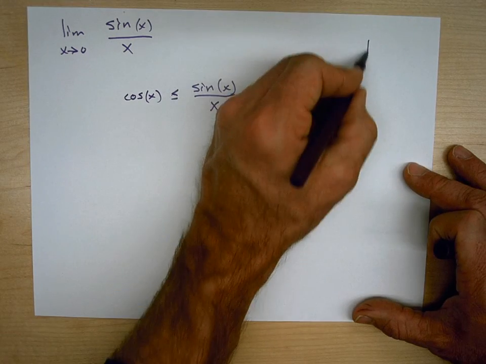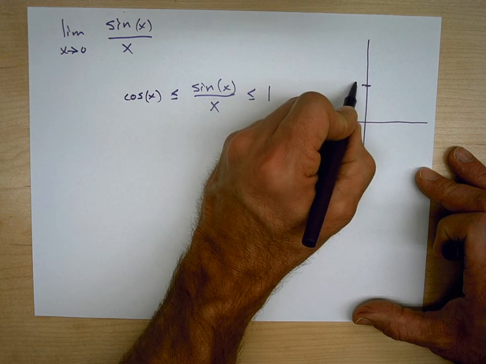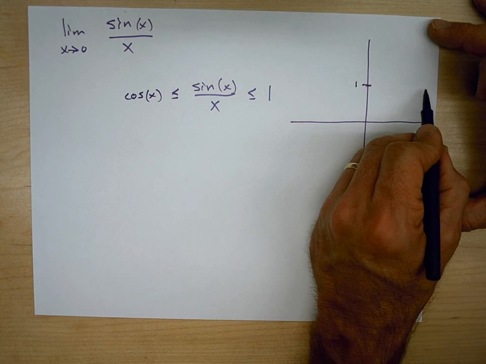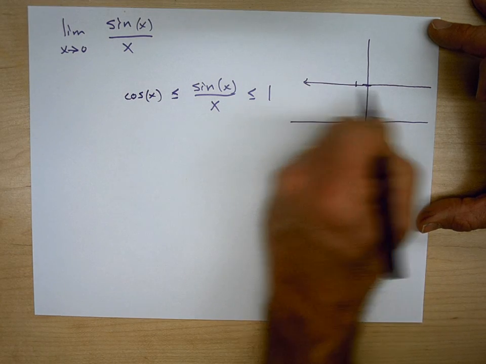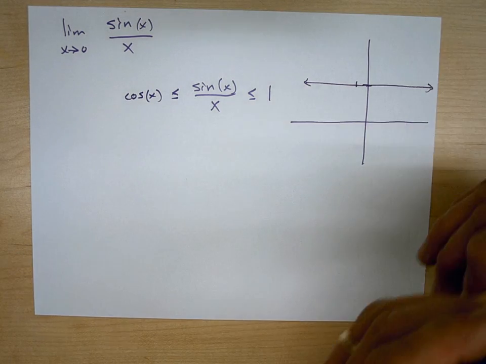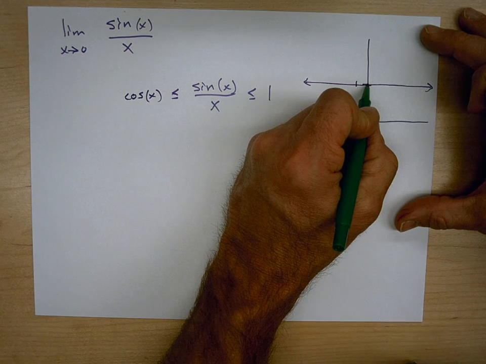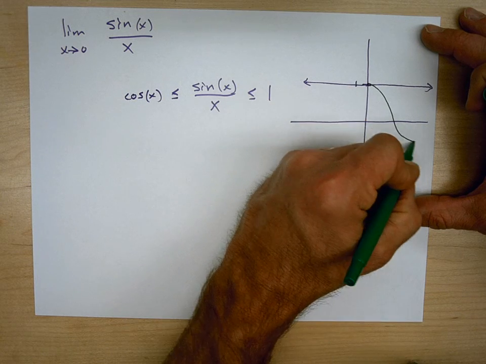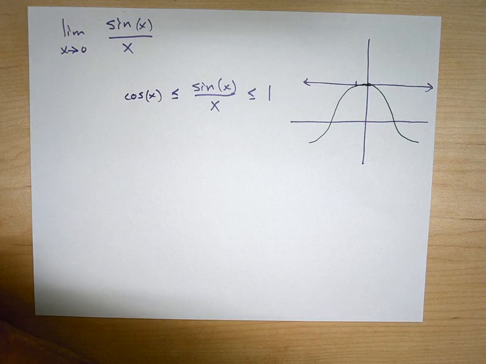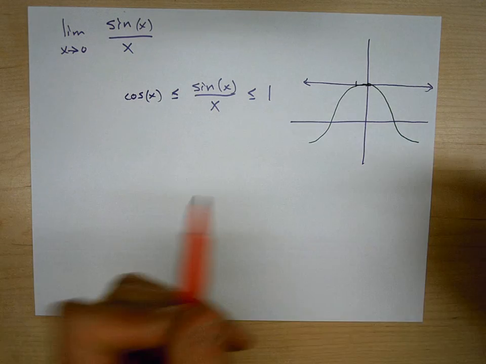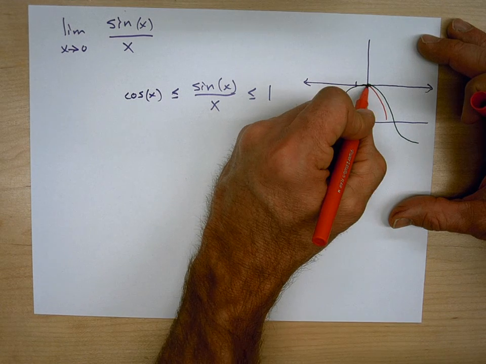So graphically, we would see something like, so here's 1, right? So first, we can just draw in the line y equals 1. All right, that's this right here. Then sine of x over x basically does something like this. All right, and then cosine also starts up here, but it comes down a little bit faster than sine of x over x.